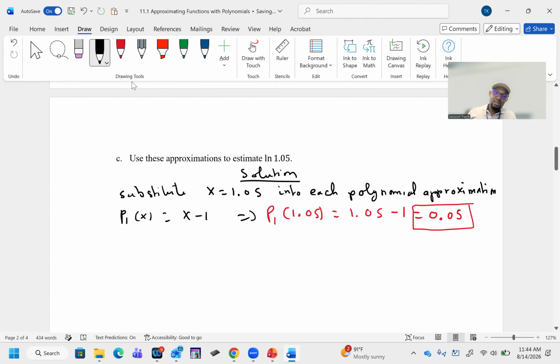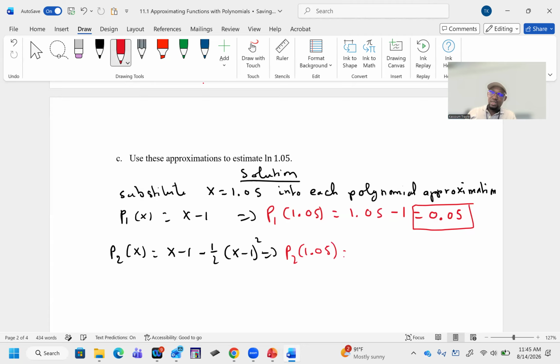And then the quadratic approximation P sub 2 of x is x minus 1 minus 1/2 times x minus 1 squared, right? So P sub 2 of 1.05 will be equal to 1.05 minus 1 minus 1/2 times 1.05 minus 1 squared.